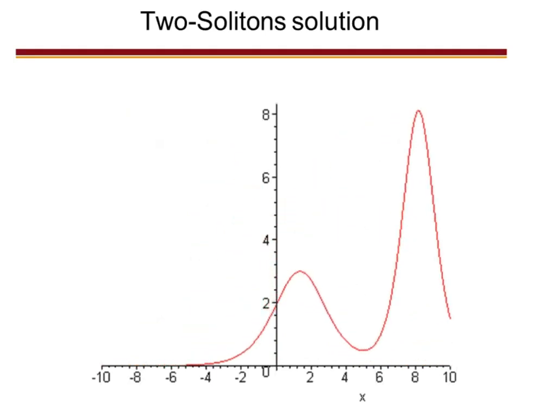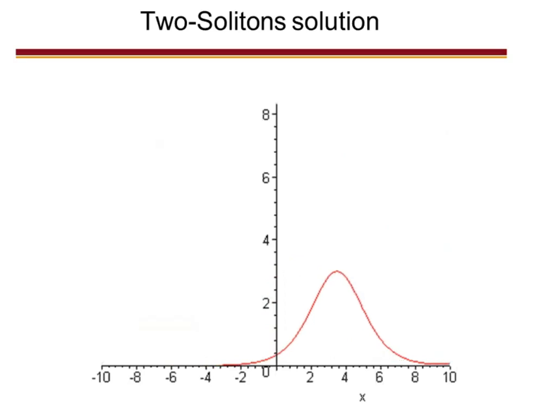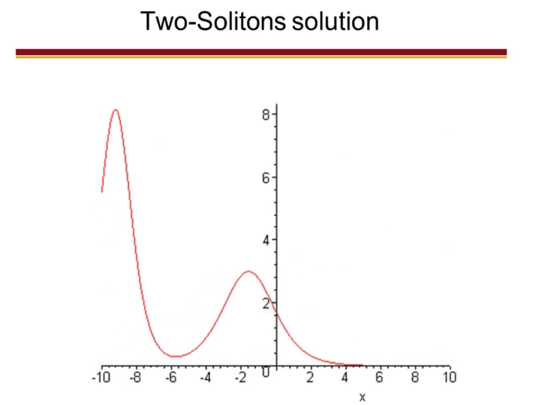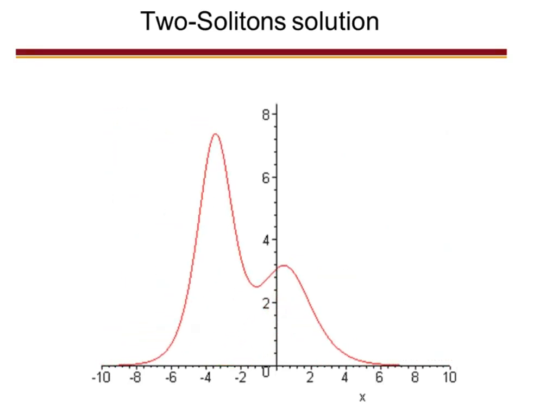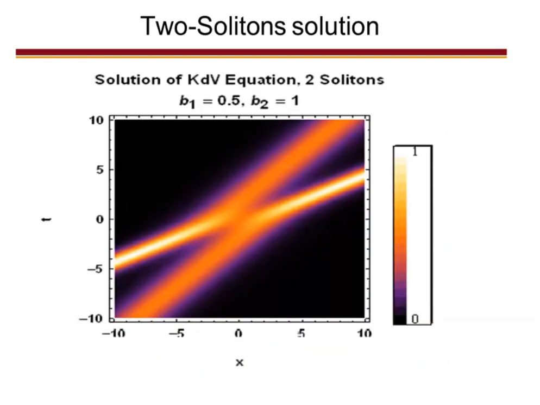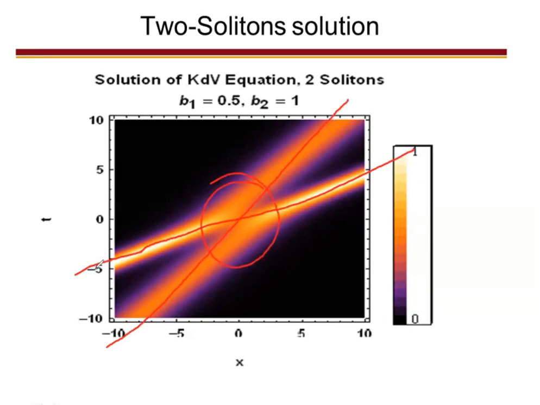If you have a solution like this, it is called a soliton solution. This is a two soliton solution, just for example. The smaller one and the larger one are meeting, interacting, colliding, whatever you say, and after that they are moving away.